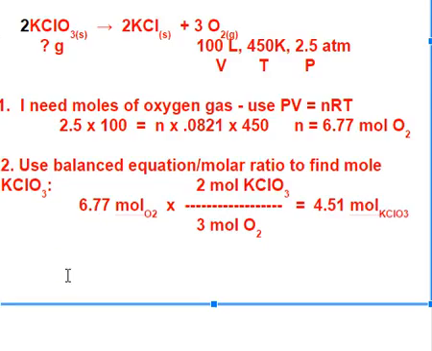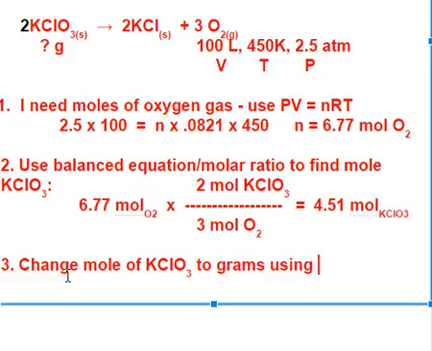And then finally, once you know how many moles of KClO3 you have, the molar mass is going to be 1 potassium weighs, what, 40 or so? 39.1 plus 1 chlorine is 35.45 plus 3 oxygen.